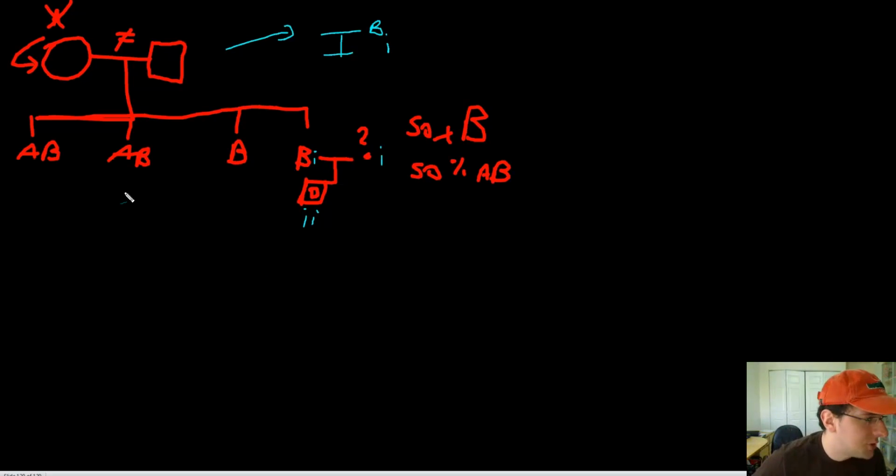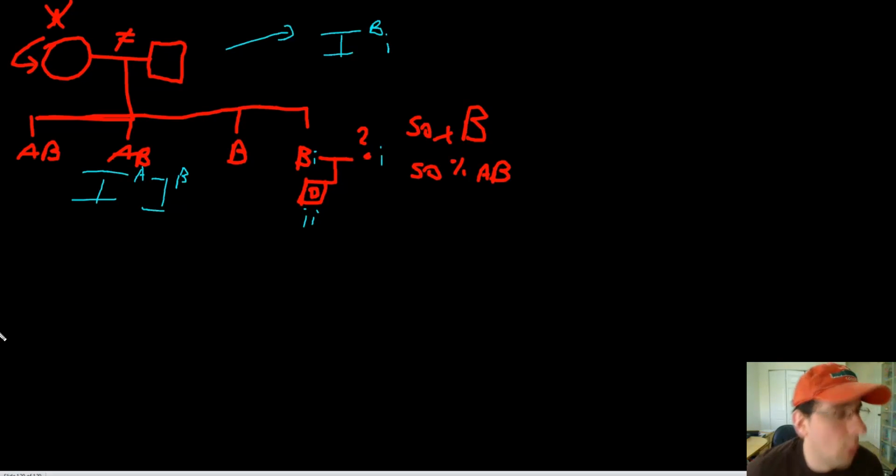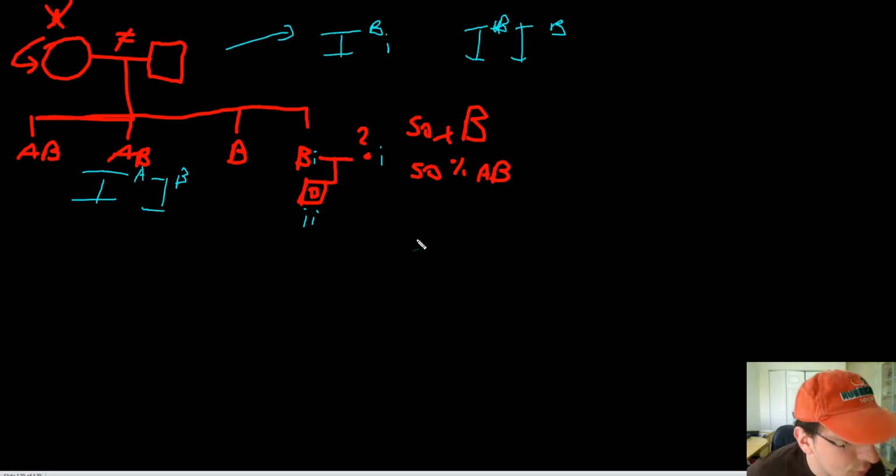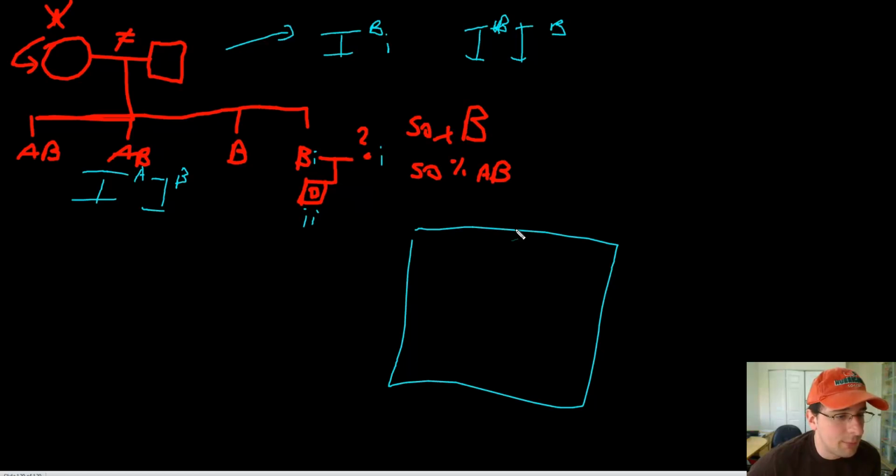I also know that genotype is going to be like this, right? I know it's going to be both codominants, basically. So now I have some information, and I know that I get that 50% of the time and this 50% of the time. But of course, I could also perhaps get genotypes like this for the B type. So I can't be sure yet that that's my only possible scenario. But let's try to do a Punnett square and work backwards now and see if we can figure out the genotype of those parents.